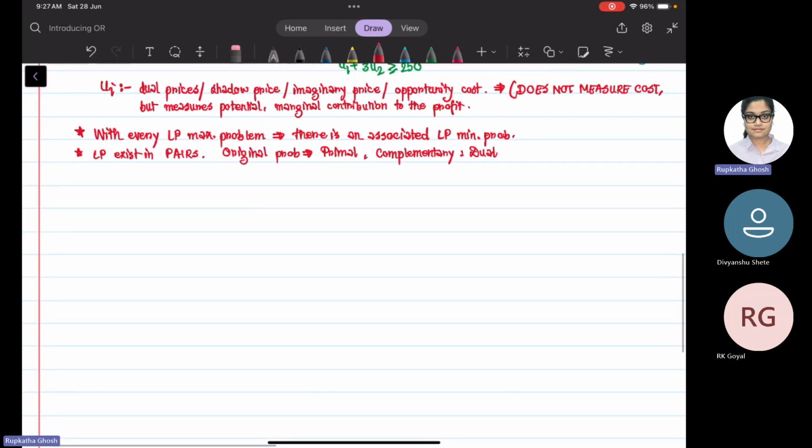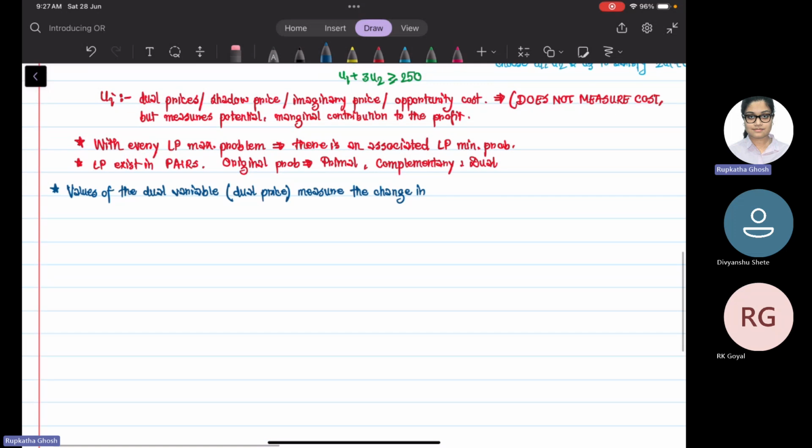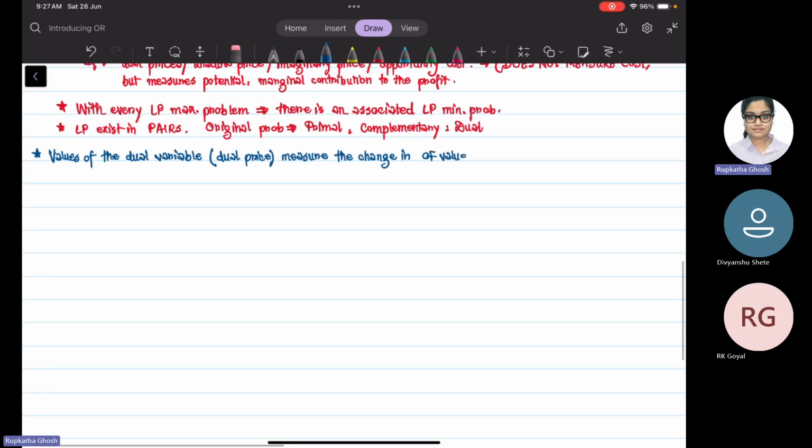So I will just write the definition again so that you never forget. Values of the dual variable, that is the dual price, measure the change in value of the objective function of the primal when one unit of a specific resource is added or subtracted.